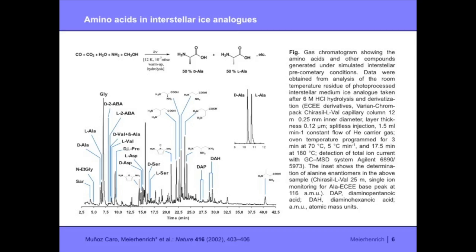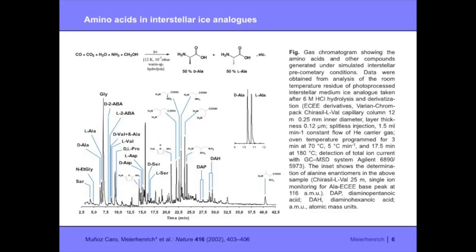We analyzed the ice by using a technique which is called gas chromatography. In gas chromatography, you have the retention time and you see a lot of signals. And this gas chromatography is coupled to mass spectrometry. This allows us, for each signal, to take the mass spectrum, and the mass spectrum tells us the identity of the signal. In this chromatogram, you see a lot of amino acids.